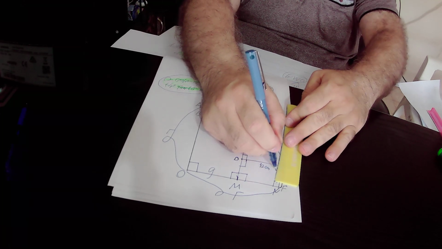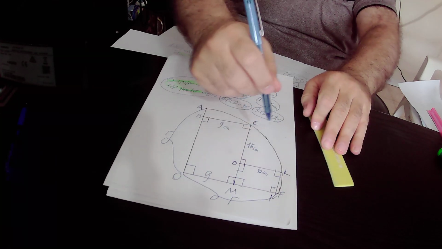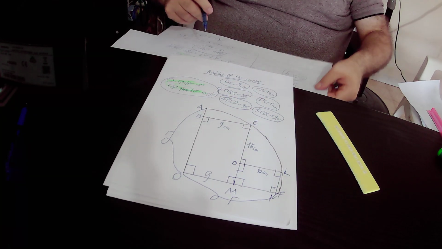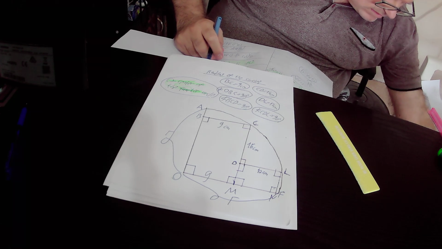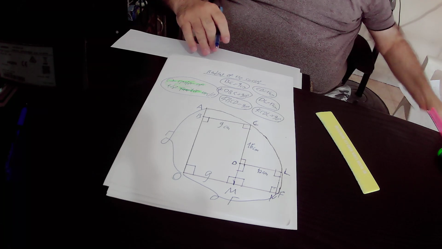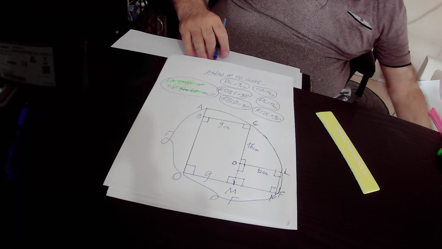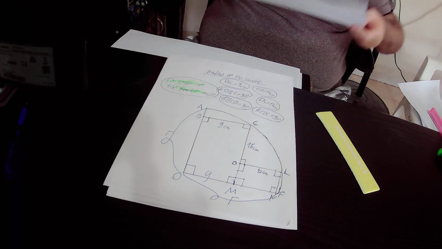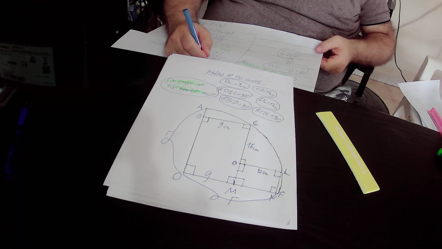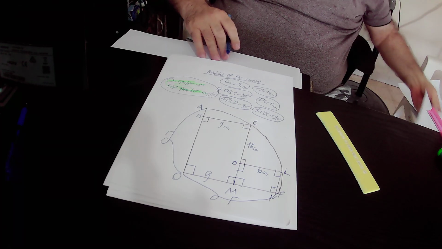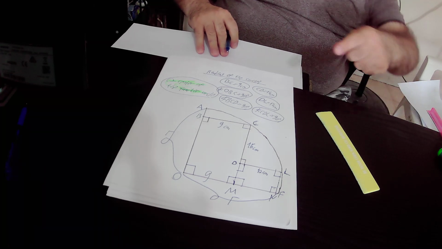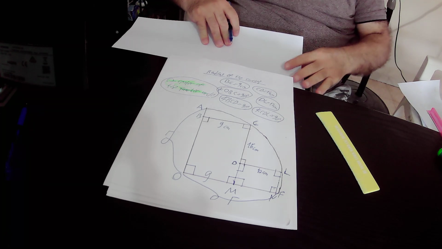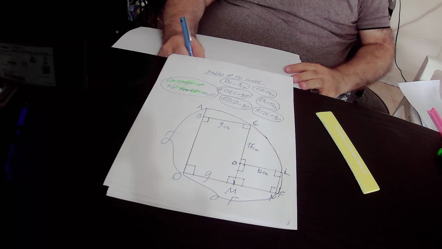So actually we found out that inside quadrilateral DLMN, we have 4 right angles. And any quadrilateral that has 4 right angles must be at least a rectangle, if not a square. So we will relate to quadrilateral DLMN as a rectangle because it has 4 right angles.